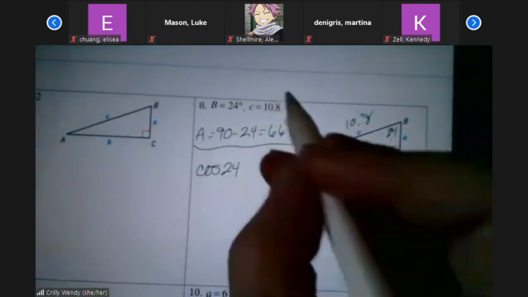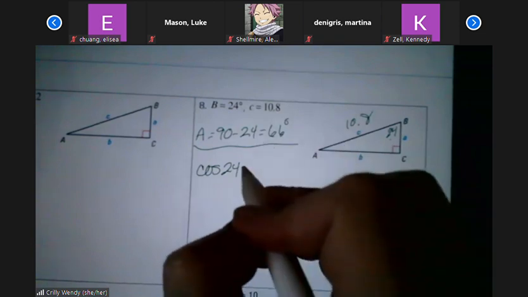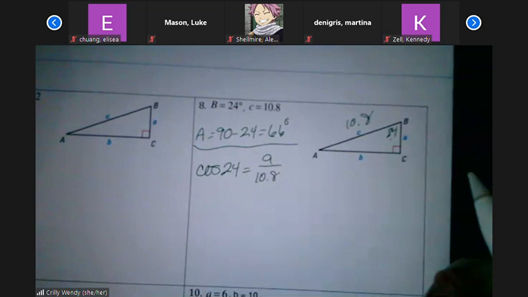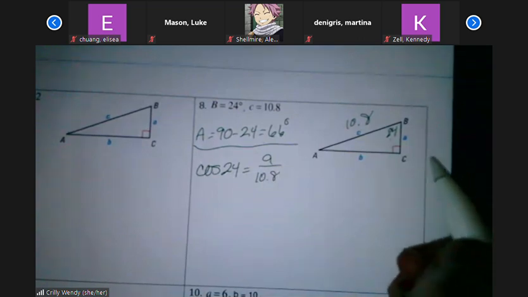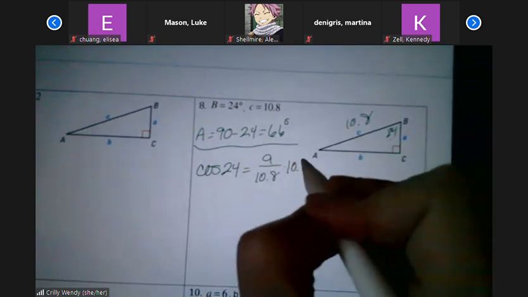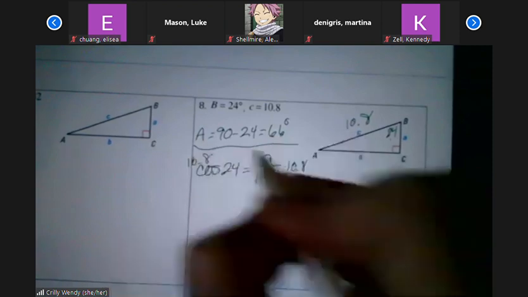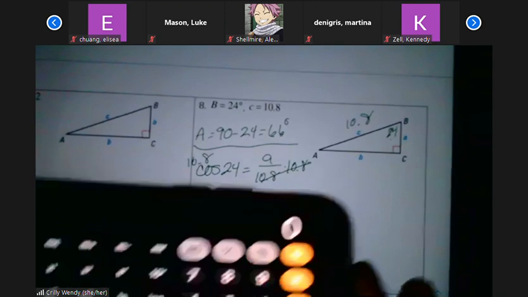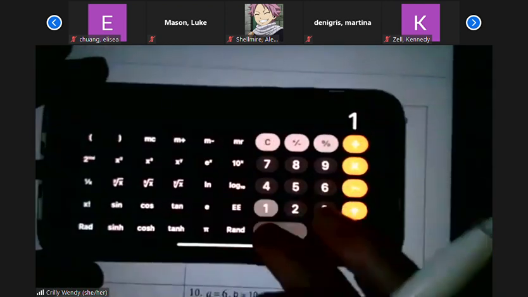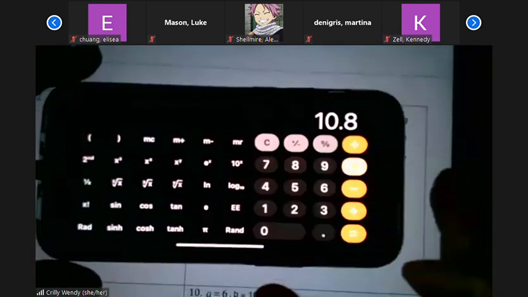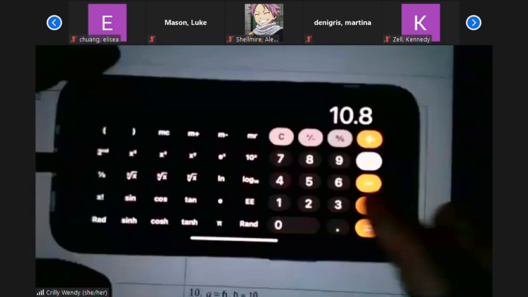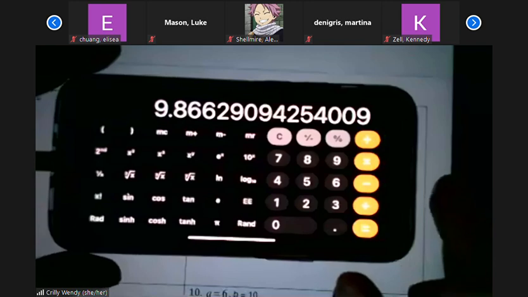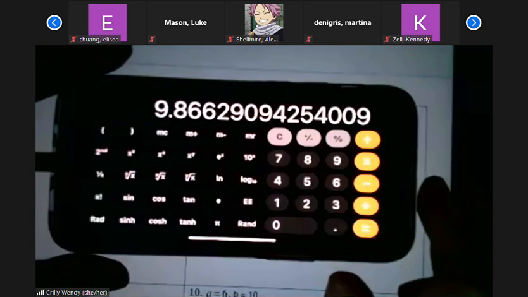So cosine 24 equals A over 10.8. So then I multiply both sides by 10.8. And so I'm going to plug that into my calculator. 10.8 times 24 cosine equals 9.9.